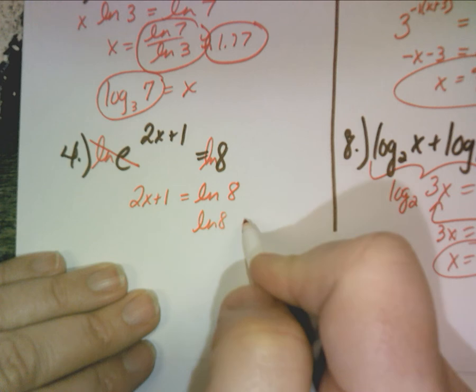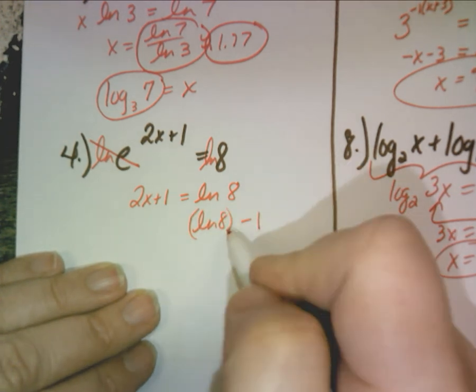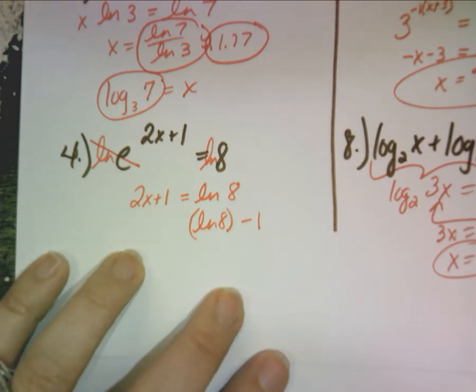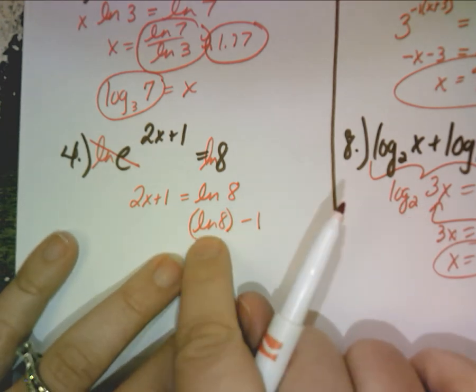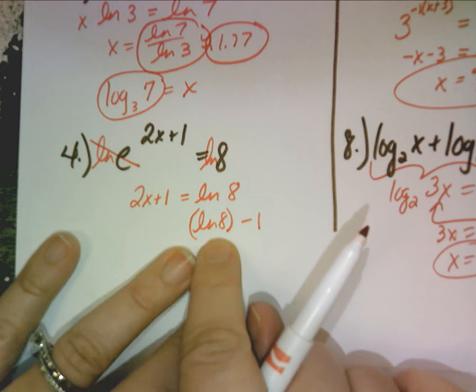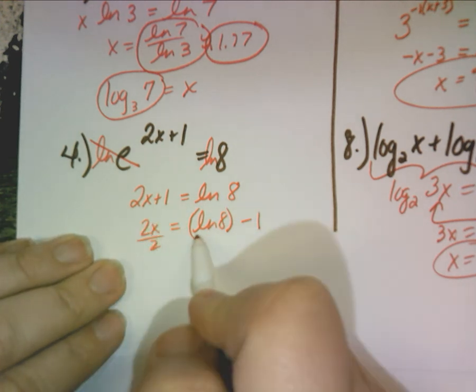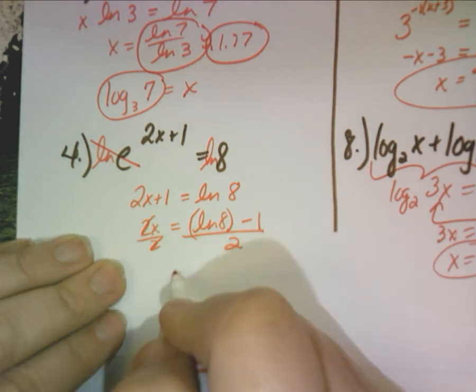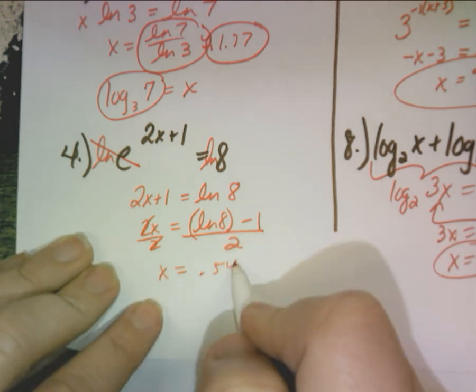By the way, am I allowed to write this as ln 7? No. ln 8 is completely different from ln 7. And ln 8 minus 1 is not even ln 7. They're not equivalent. So you leave this alone. And then minus 1, you get 2x equals, and then just divide that whole thing by 2. And that will be approximately, I'll tell you what the answer is, 0.54.